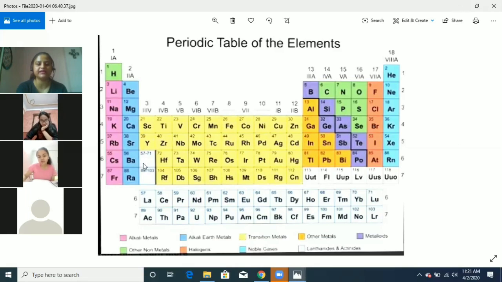This is 6 period, this is 7 period. You can see 57-71, and you can see in LA this is 57 and this is 71. Means we kept this 57 to 71 and 89 to 103 element here. Okay.